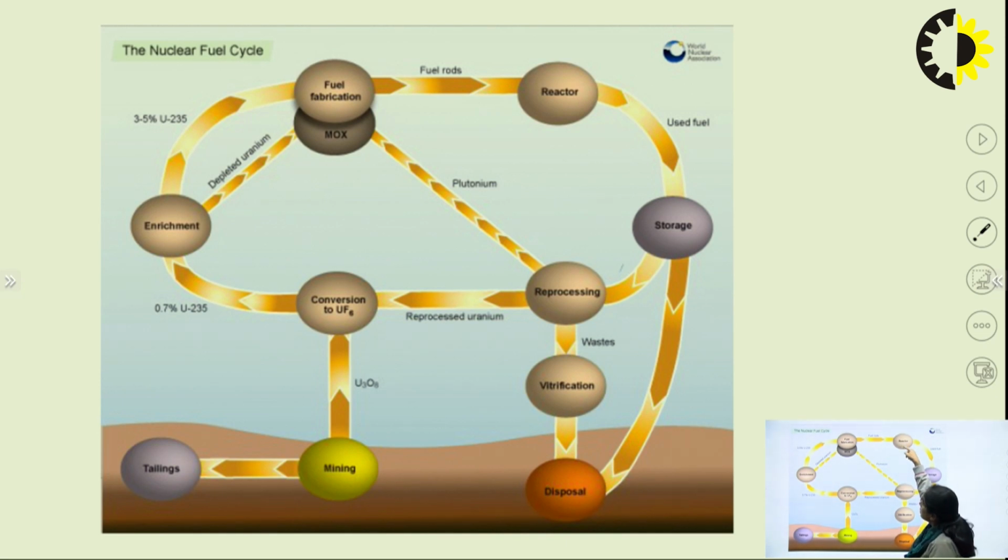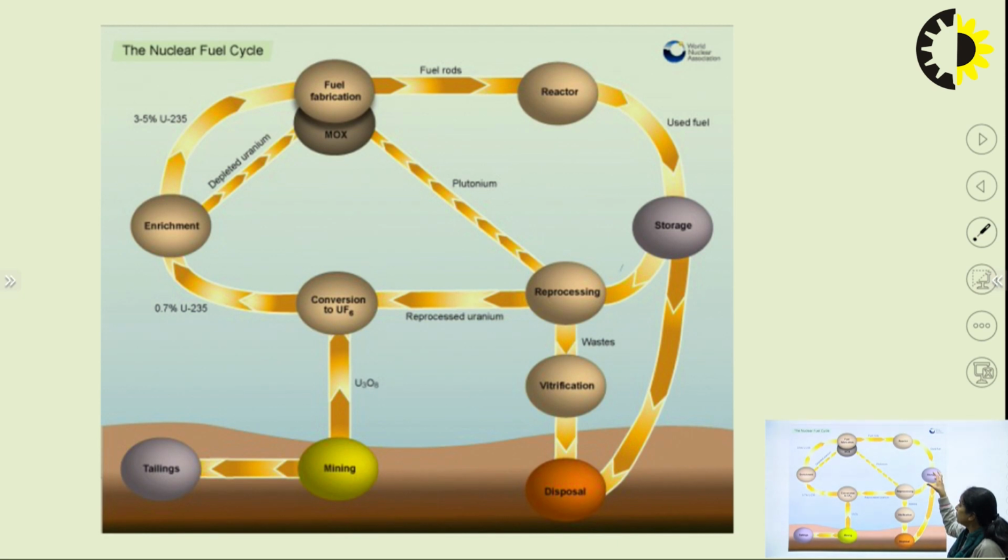This is the reactor where fuel rods are sent and used. Again we use the uranium rod as fuel. Then the used fuel will be stored here. After storage, some of the fuel, the part which cannot be processed, will be disposed of as complete waste.